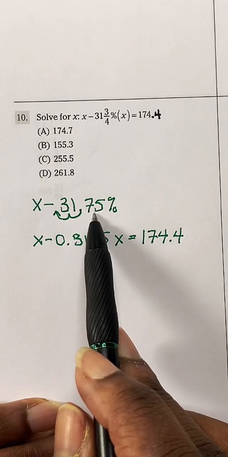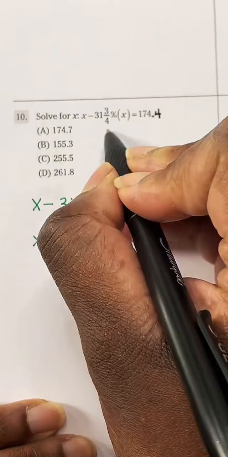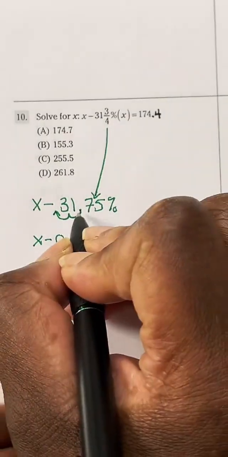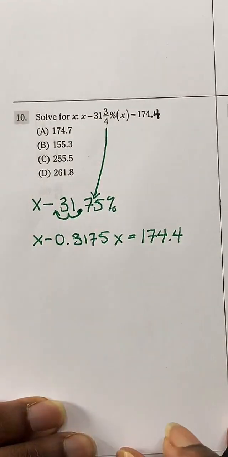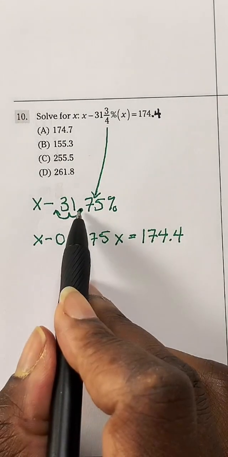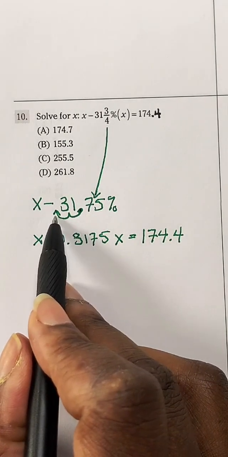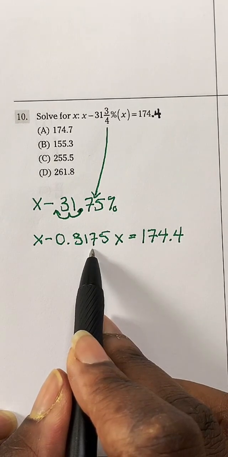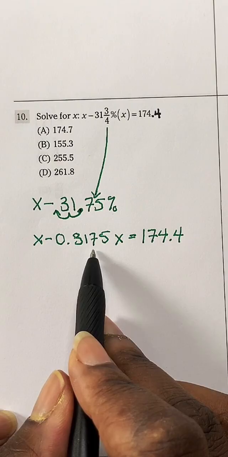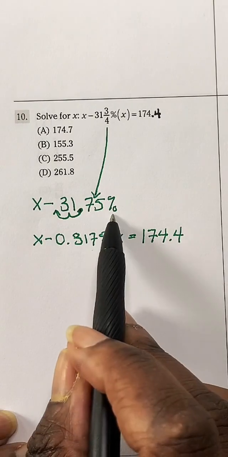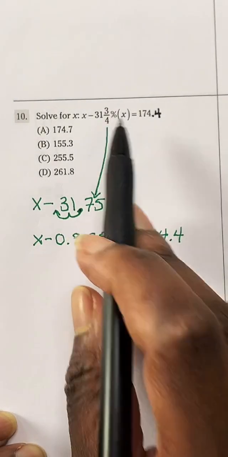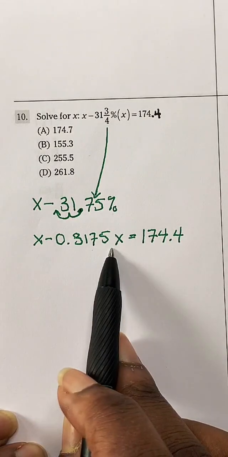So once we change that 3/4, this gives me my 0.75. Then we move the decimal place over to the left to change it from a percent to a true decimal. See the percent sign? We have to make it into a true decimal.